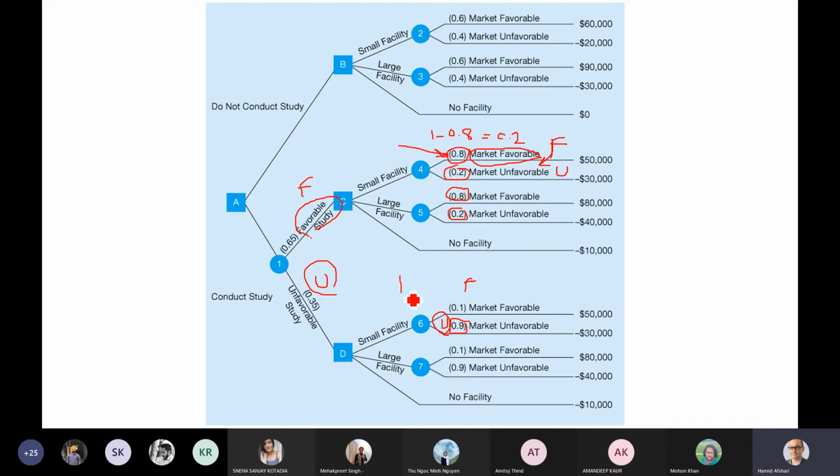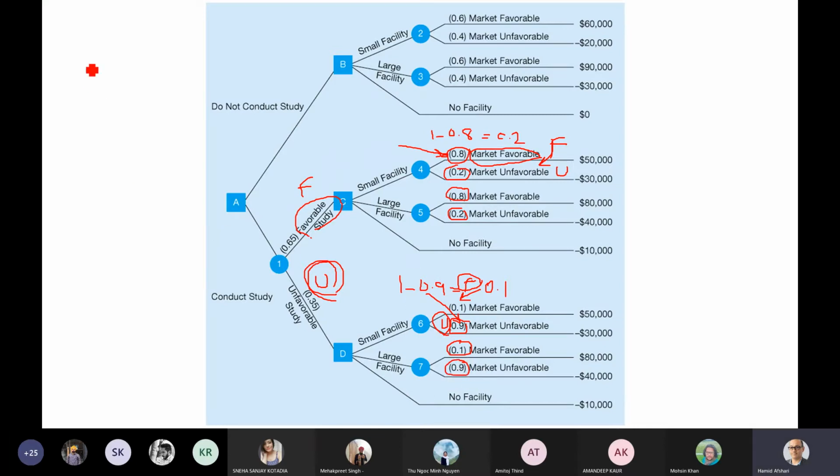If you say 1 minus this value, which is 0.9, how much will be the value? 0.1. So this is the probability of unfavorable, favorable. So this is 0.1. You can copy it for the other option, which is the large plant as well.